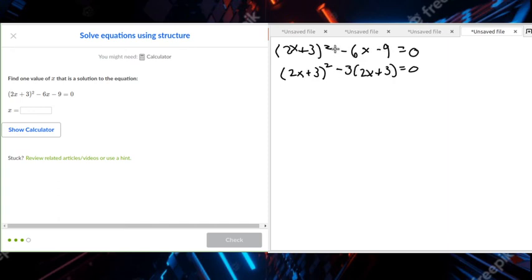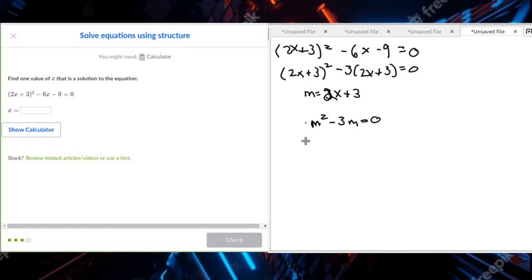And we have this negative here both places. So then I can say, let's choose a different variable, m. I just want you to realize that we don't have to use the same variable every time. And so 2x plus 3 is m. I'm going to have m squared minus 3m is equal to 0.